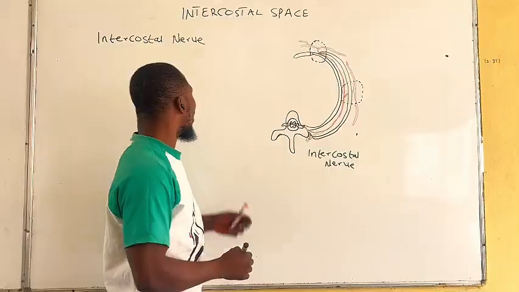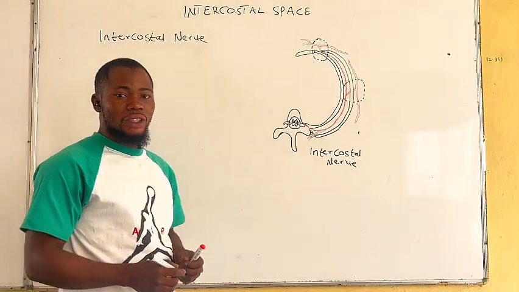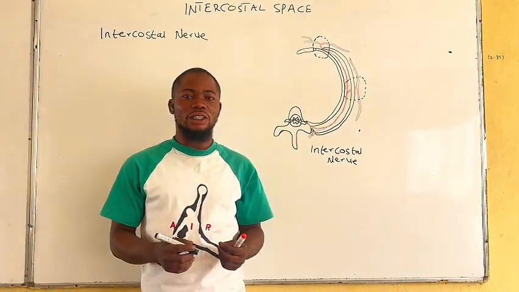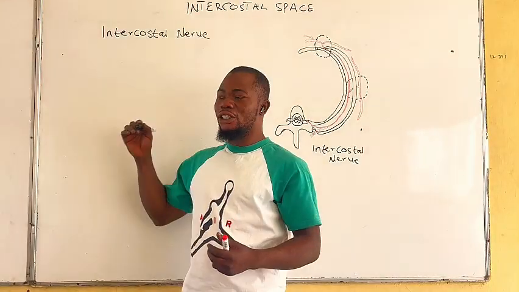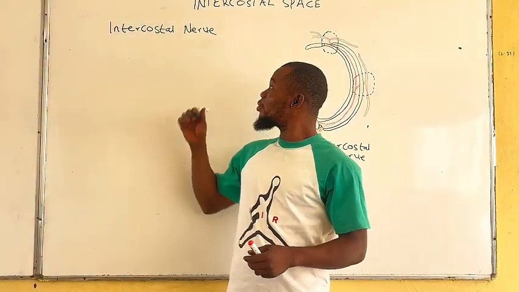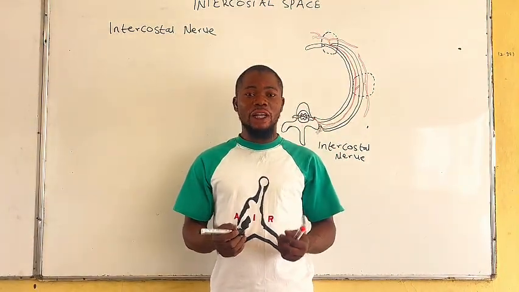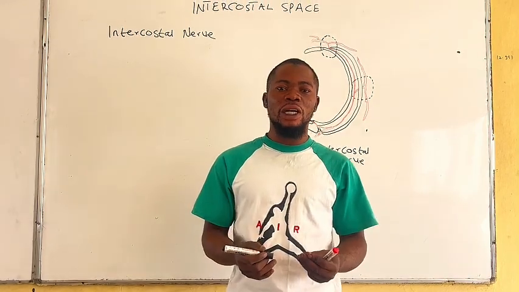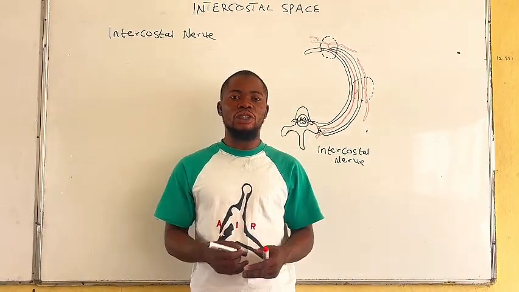Now, the intercostal nerves. The thoracic spinal nerves are the ones that supply the intercostal spaces. There are 12 thoracic spinal nerves, and immediately after they reach the intervertebral foramina, they divide into the anterior and the posterior rami.